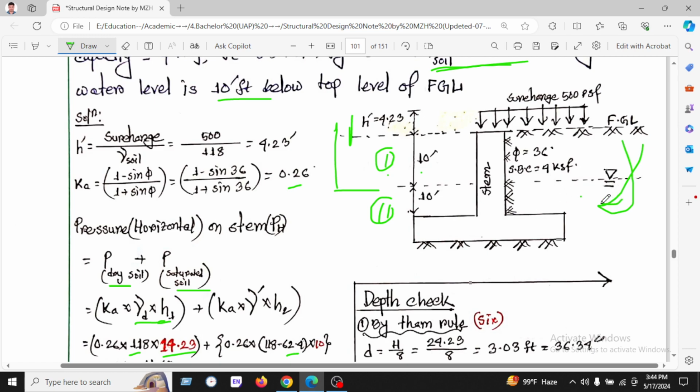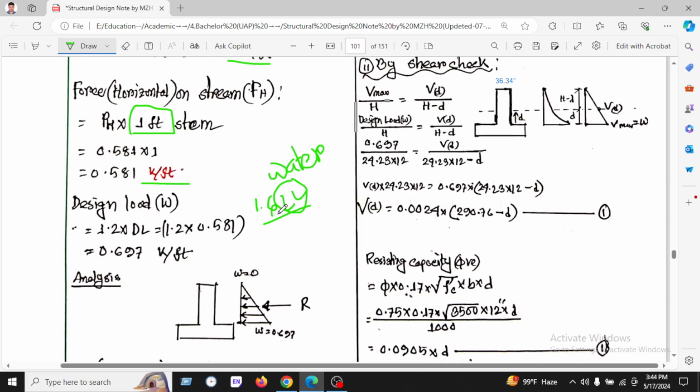This is the dry soil and this is the saturated soil. But we don't treat it as only water, there is saturated soil. If all of the portion belonged to water, then we would take the 1.6 live load, which is water. I hope that you can understand.